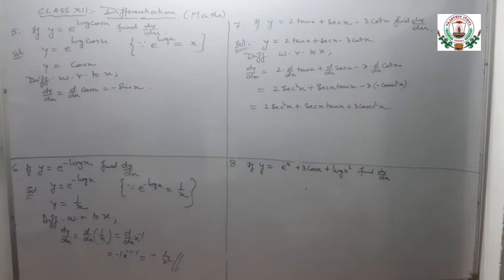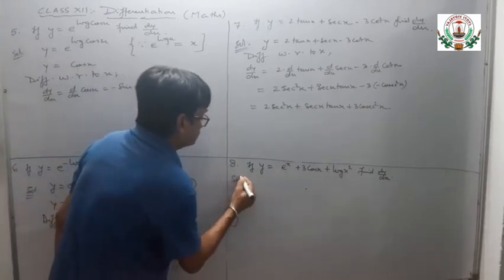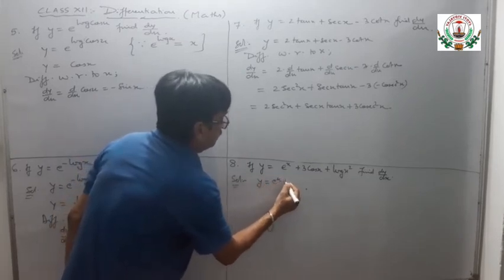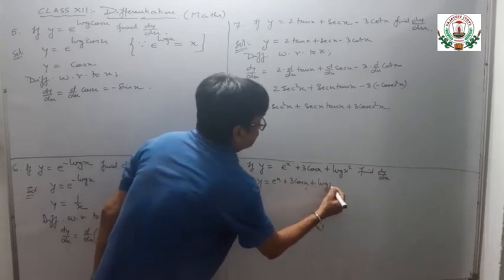Now the next one, if y equals e to the power x plus 3 cos x plus log x square.